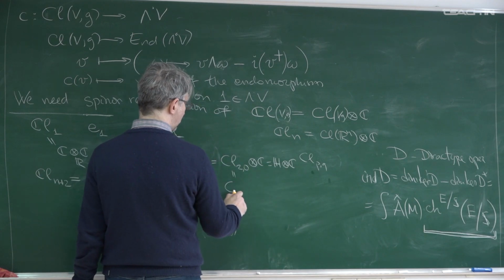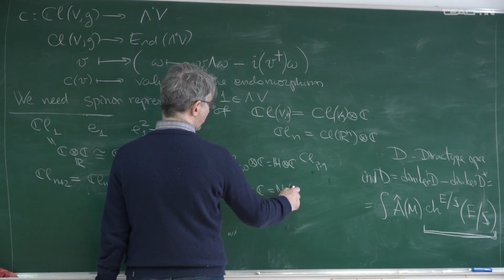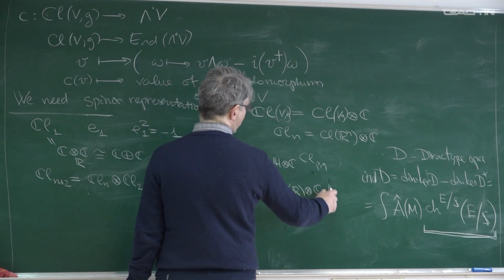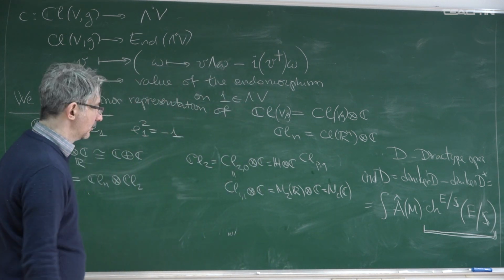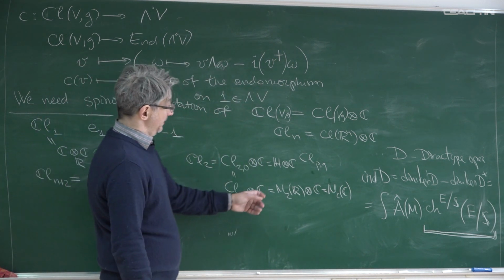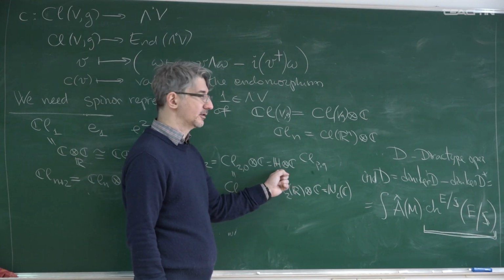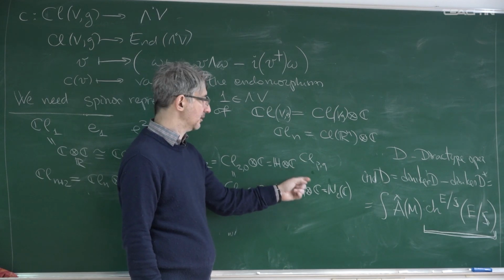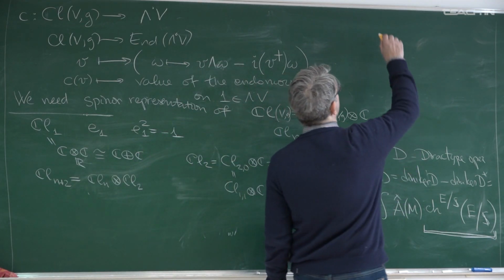Or you can take ℂ1 tensor C, which is 2 by 2 matrices with real entries tensor with C. So these are 2 by 2 matrices with complex entries. I think it's a nice exercise to check that if you take quaternions and pass to the complexification, then you obtain matrices. So this would be an exercise for you.